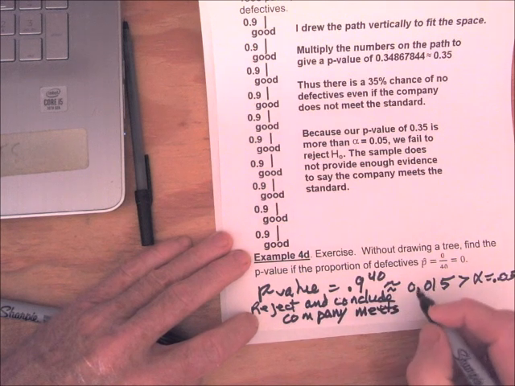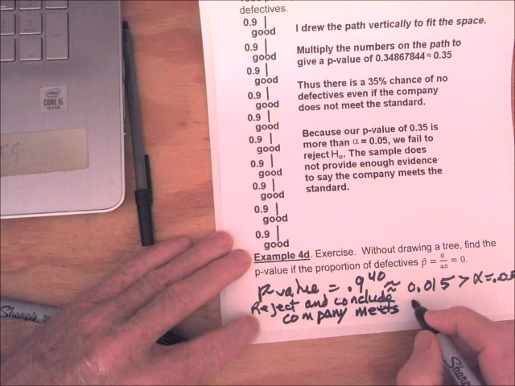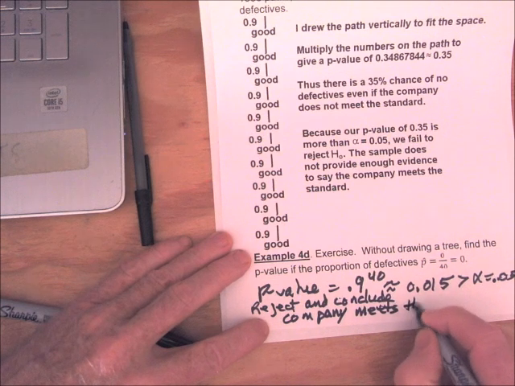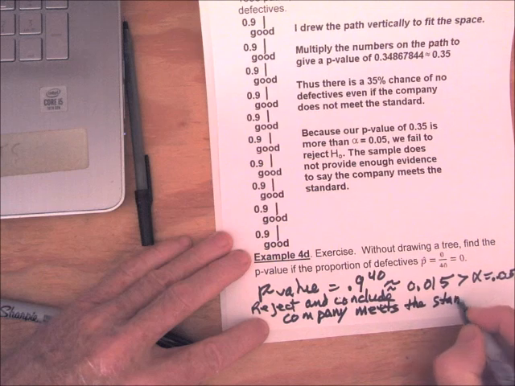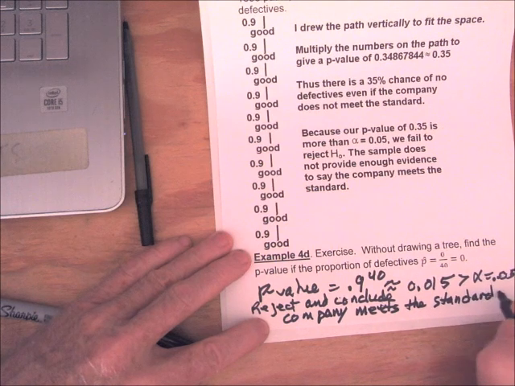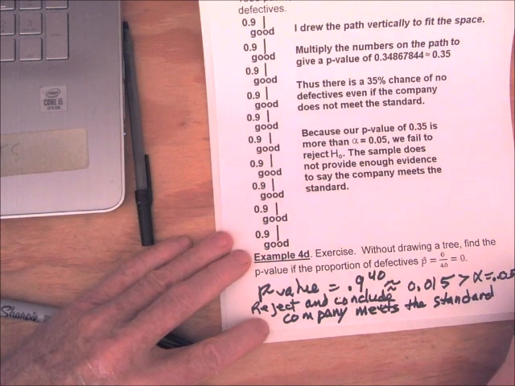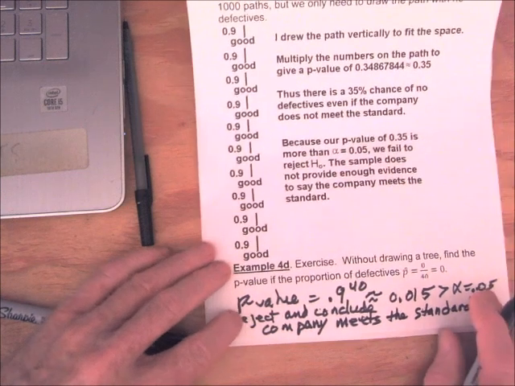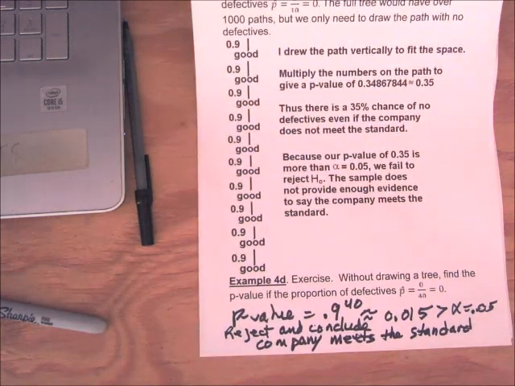So we reject H naught with 95% confidence. We conclude the company meets the standard of fewer than 10% defective. And that concludes this presentation.